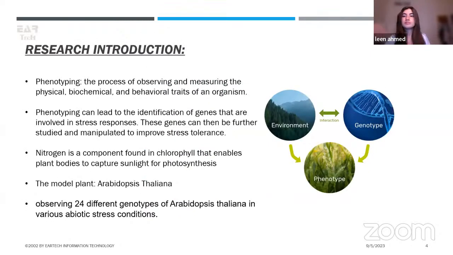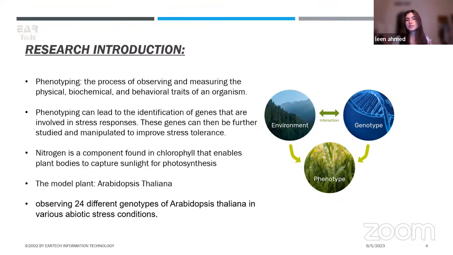Okay, so now to introduce the research a bit more and get into more details. Now that we know what a phenotype is, which is the physical appearance, phenotyping is the process of observing and measuring the physical, biochemical, and behavioral traits of an organism. So basically, this process aids scientists in the identification of genes that are involved in the stress responses.